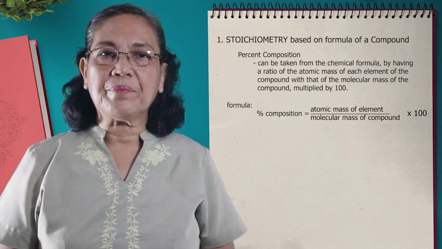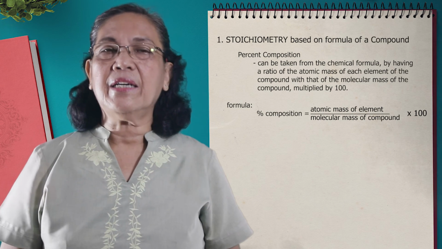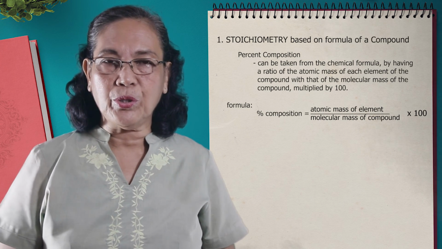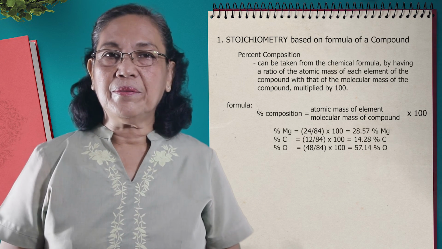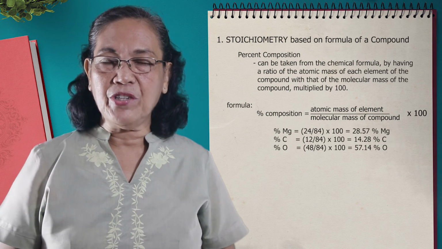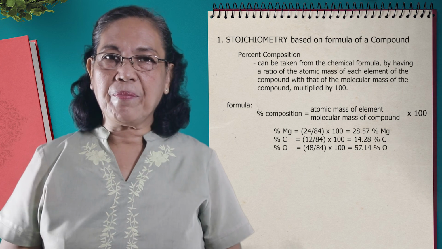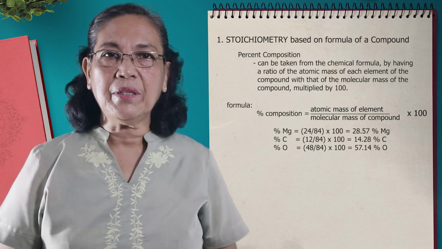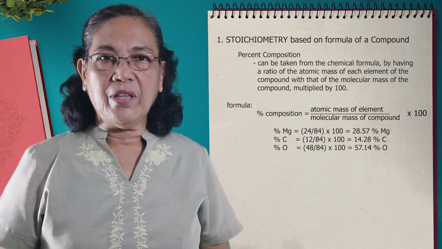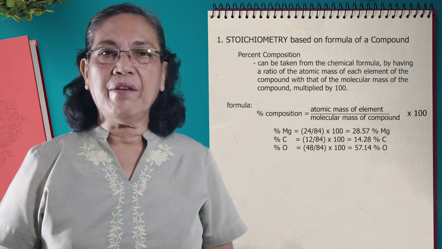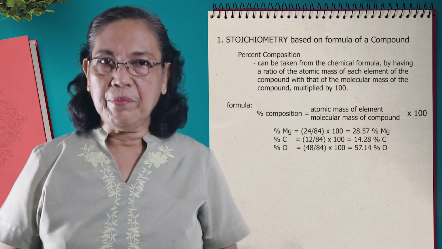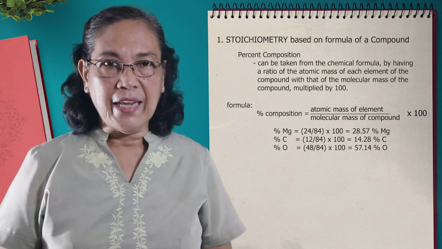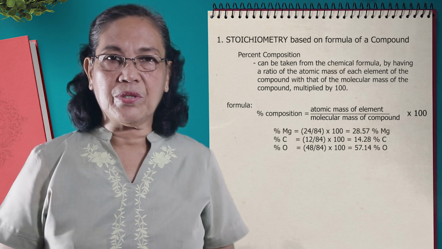For example, if we want to take the percent composition of magnesium carbonate, what are the components of magnesium carbonate? We have magnesium, carbon, and oxygen. In what proportion? We have 1 magnesium atom, 1 carbon atom, and 3 oxygen atoms.